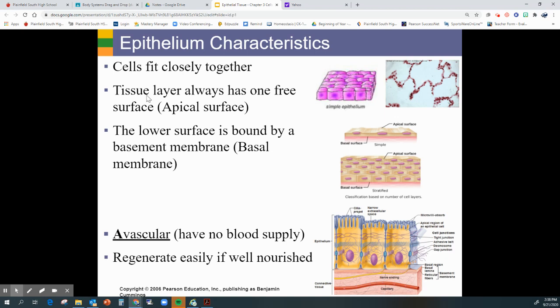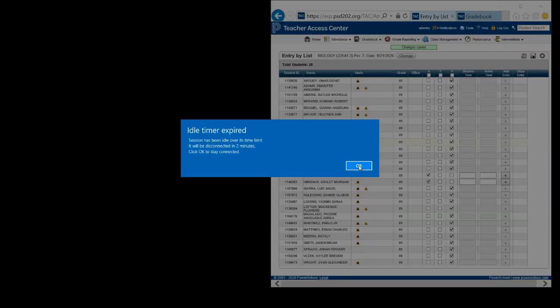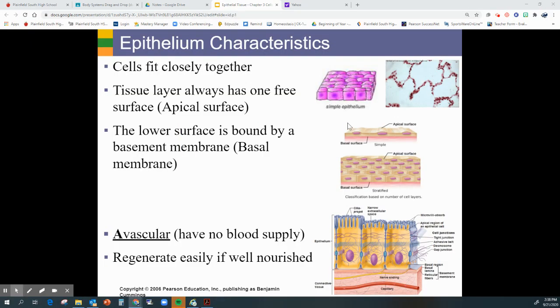Apical surface means that this tissue has a free surface. So there's always one area. You can see it here in a couple examples. So this is the outside of the tissue up here that they're labeling as the apical surface. Okay. So that apical surface is a free surface. All epithelial tissue is going to have some sort of an apical surface to it.